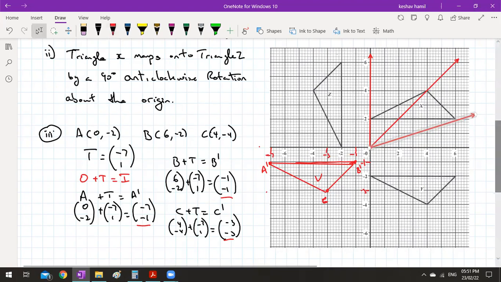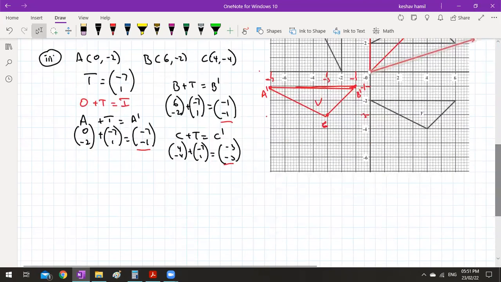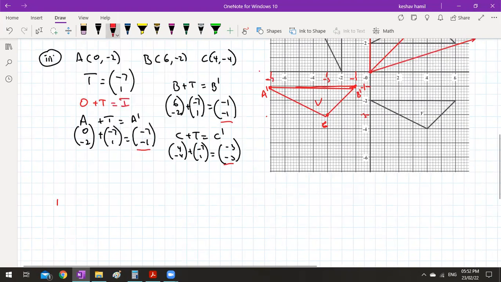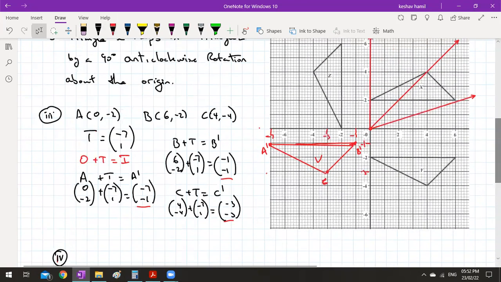Now, we have to state what the points are for that triangle. So what are the points for that triangle? If you were to call them P, Q, and R, P would be 0, 2.